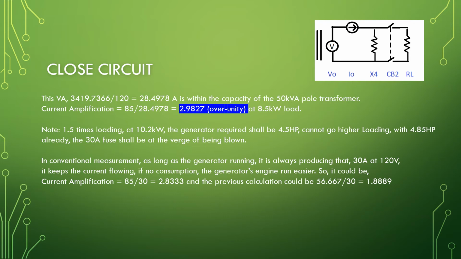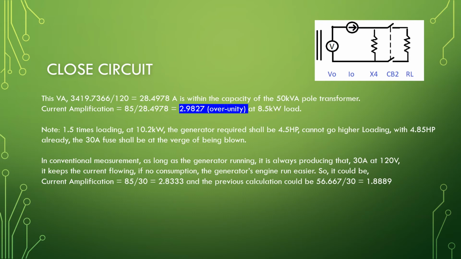Note: 1.5 times loading at 10.2 kilowatt, the generator required shall be 4.5 horsepower. It cannot go higher loading with 4.85 horsepower already. The 30 ampere fuse shall be at the verge of being blown.